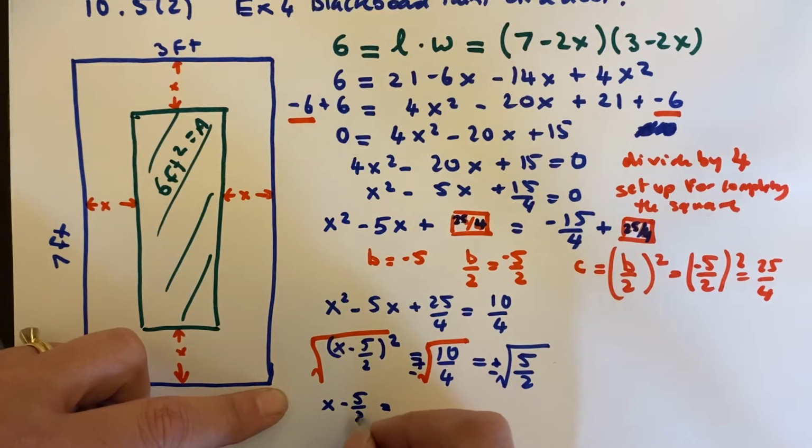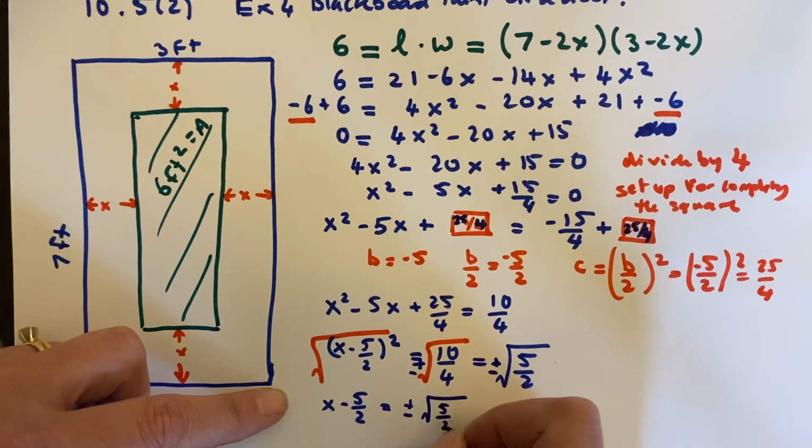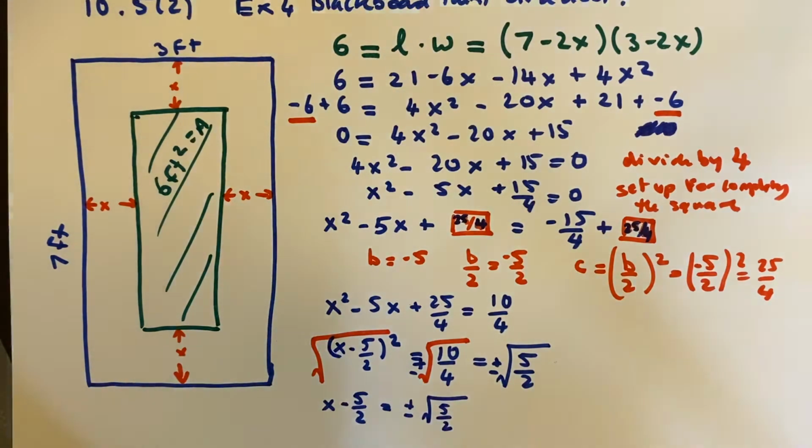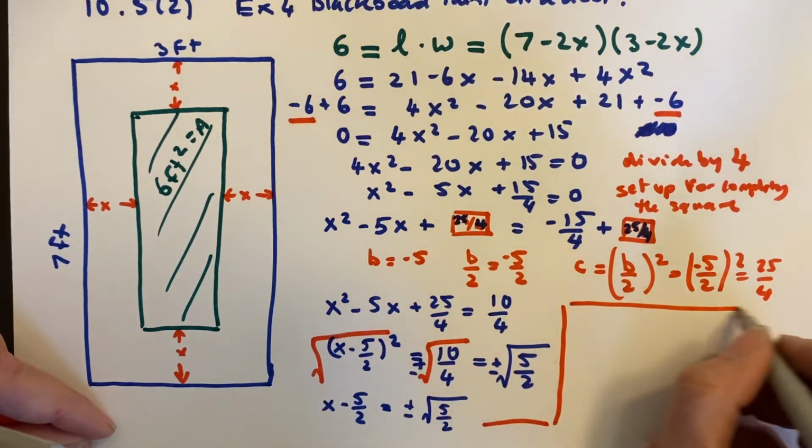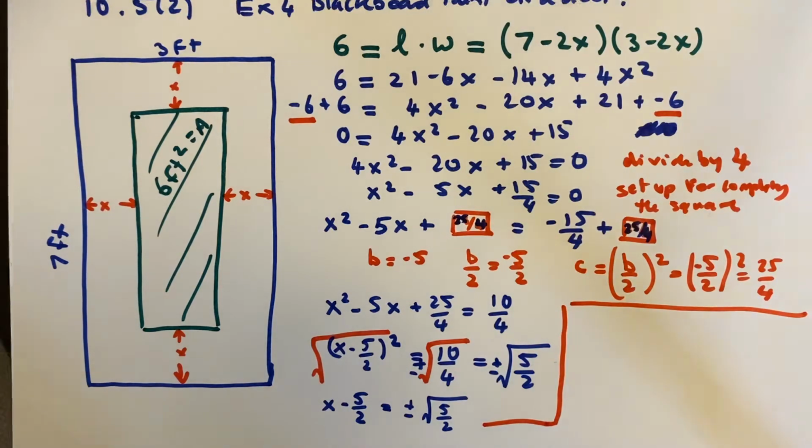So x minus 5/2 is the positive negative square root of 5/2. All I have left to do now is solve for x. I'm just going to put a little box here to give myself a little space to finish solving this problem.